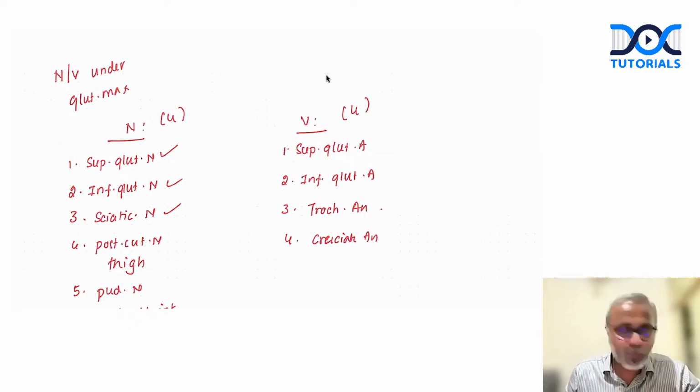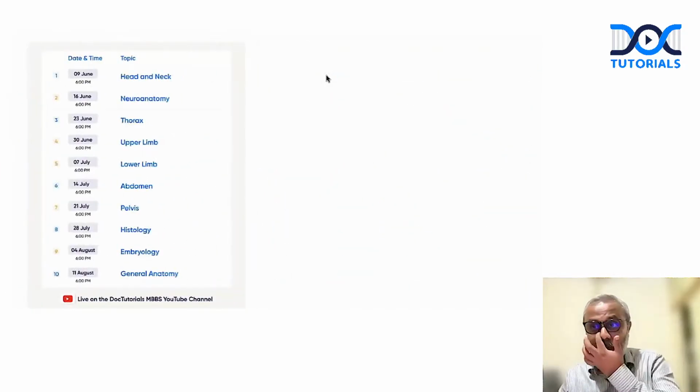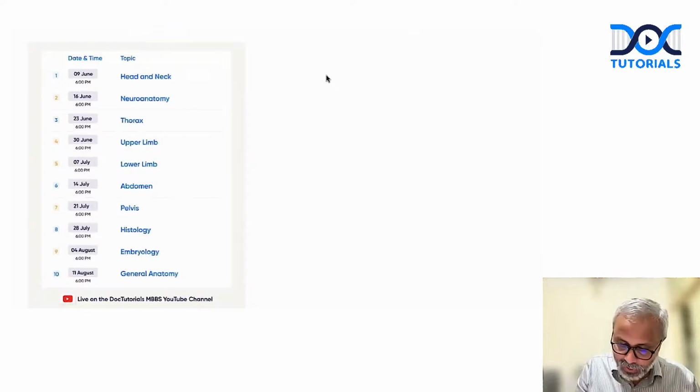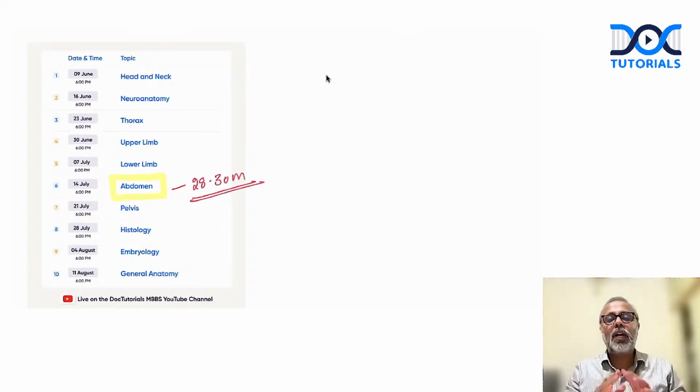Right? So if there are no questions, I want to highlight again, next week, we will be talking about the abdomen, right? And from the topic of abdomen, we will have at least 28 to 30 marks, right? This is one of the very favorite topics of your paper setters, okay?